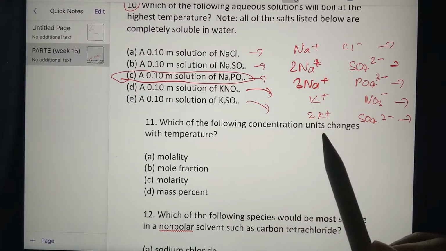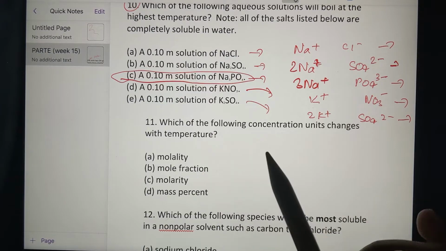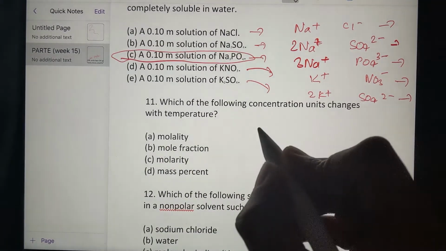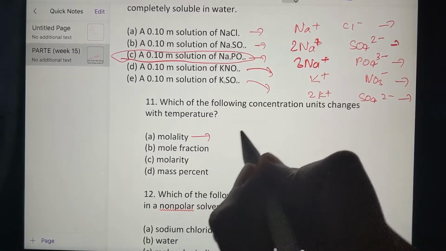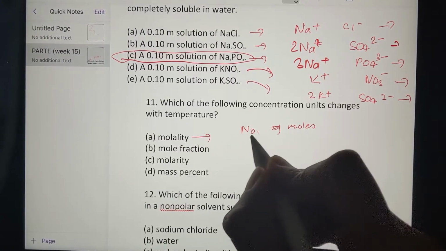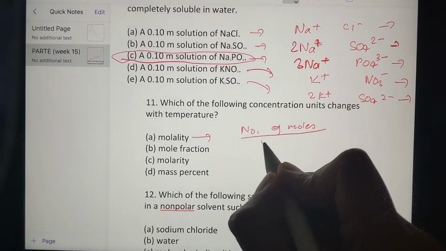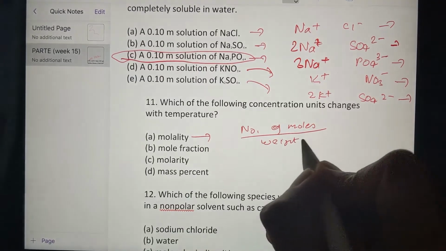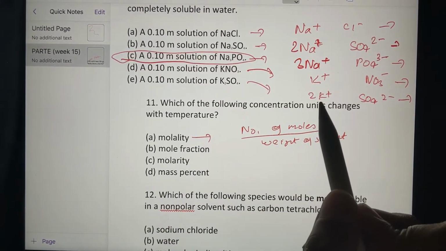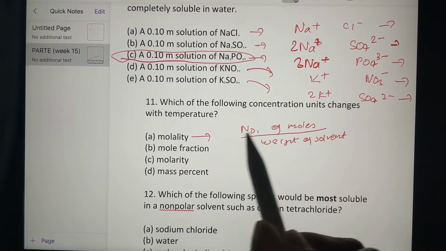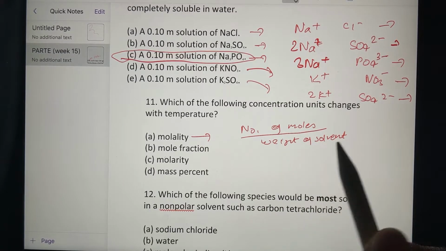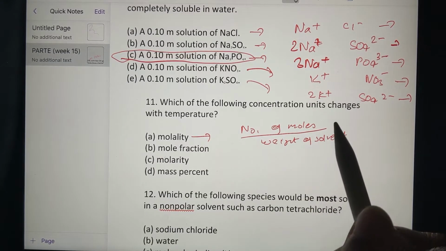Which of the following concentration units changes with temperature? Molality is defined as number of moles divided by weight of solvent. When you increase or decrease the temperature, neither of these is going to change, because the weight of the solvent and number of moles remain constant.